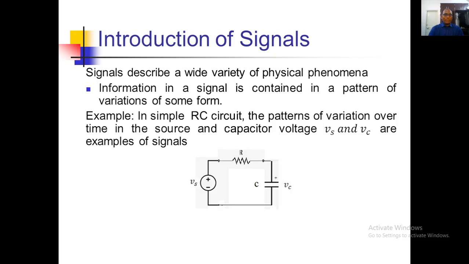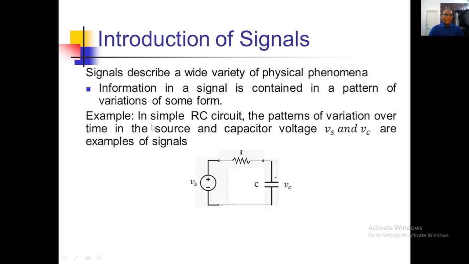So first, let us see what signals are. Signals describe a wide variety of physical phenomena. Information in a signal is contained in a pattern of variation of some form.